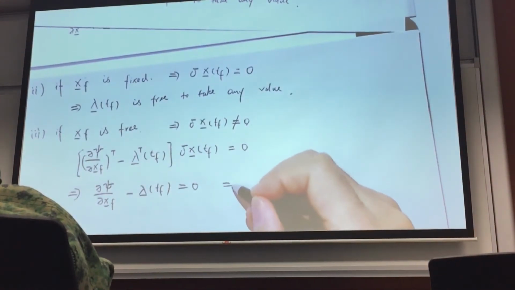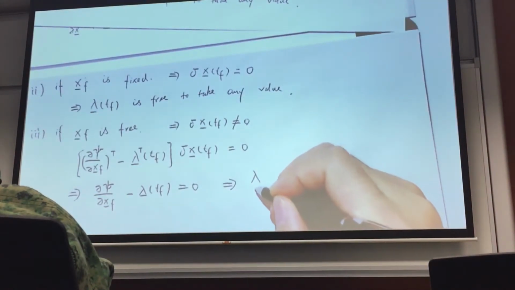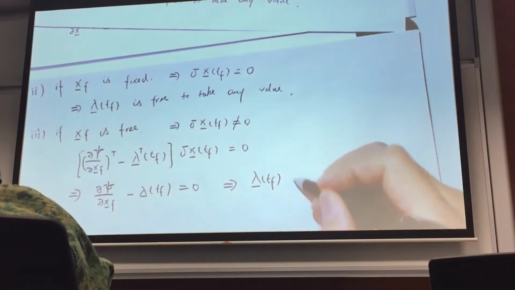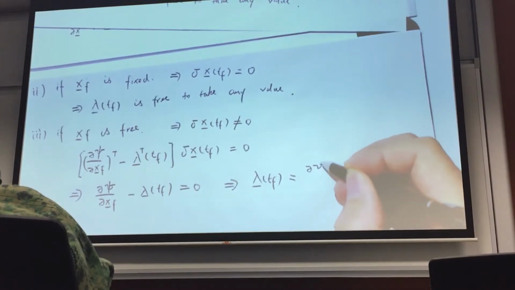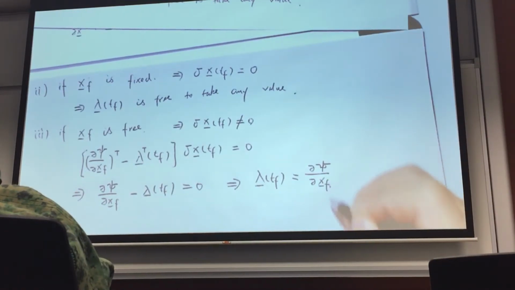So from here we can decide the final state for the Lagrange multiplier: lambda df must be equal to d psi d xf.